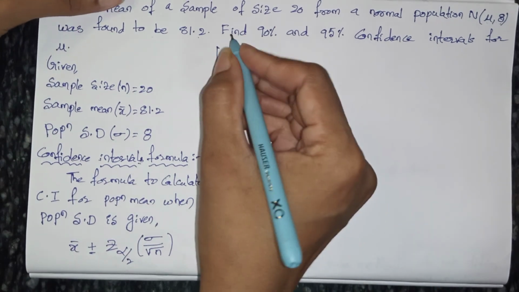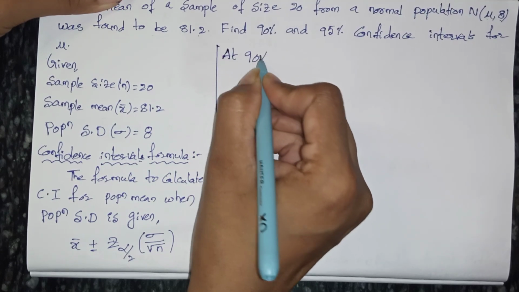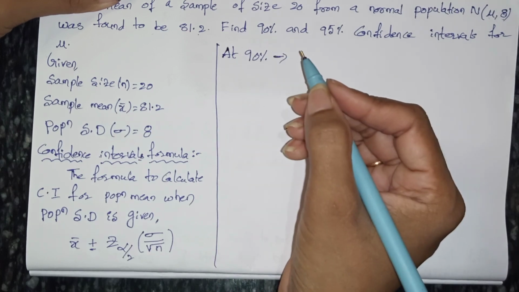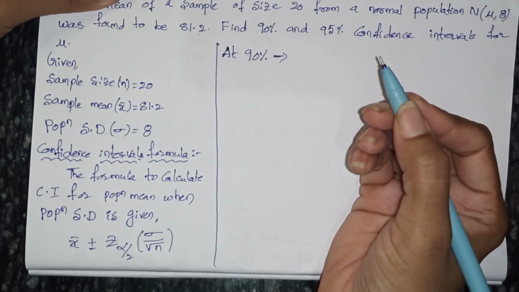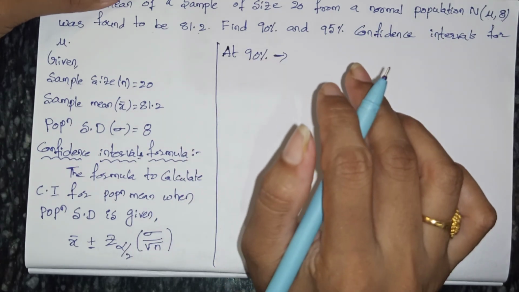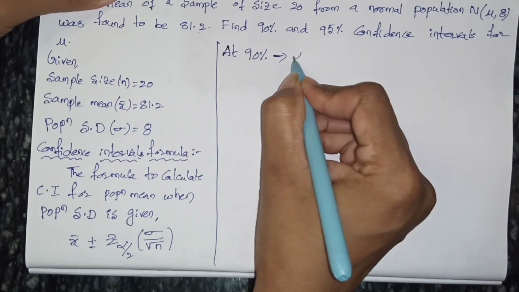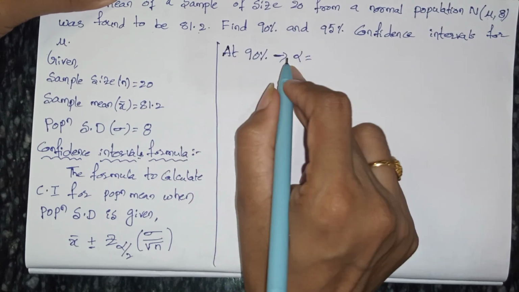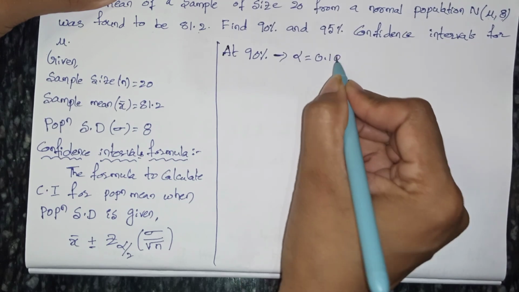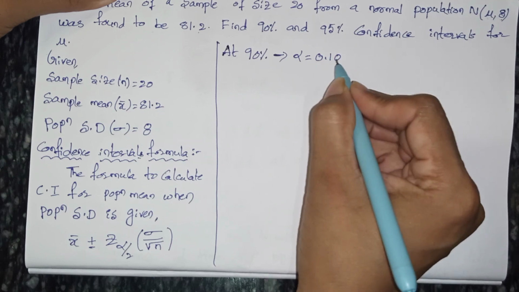So for that, at 90%, or else we can say 10% also. At 90% the critical value we have to take is alpha, that means 0.10.